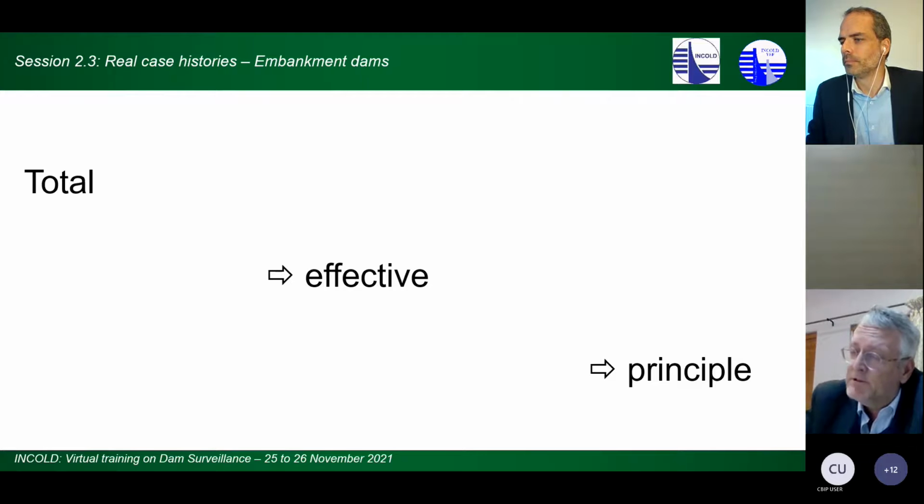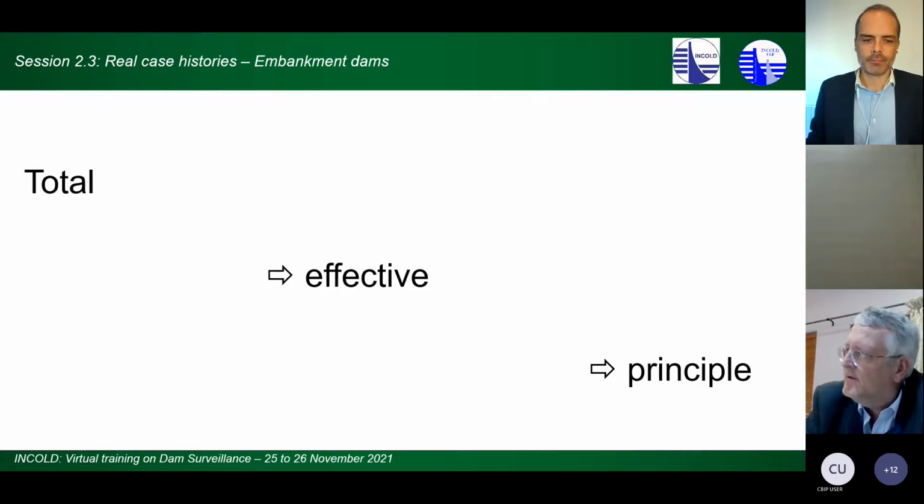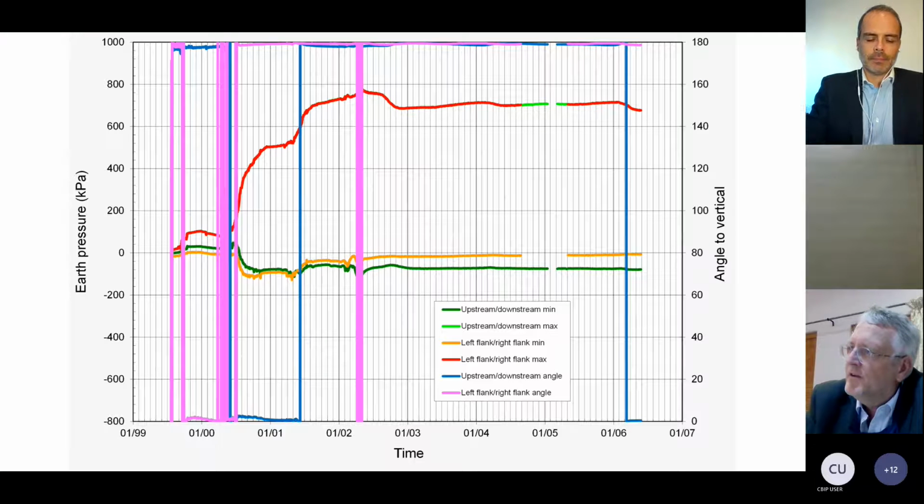We want principal pressures and not just effective, because that's the other thing that people forget about, and they consider that earthfill only has vertical stresses in it, but that's not true. Your principal earth pressures are normally not in a vertical direction.